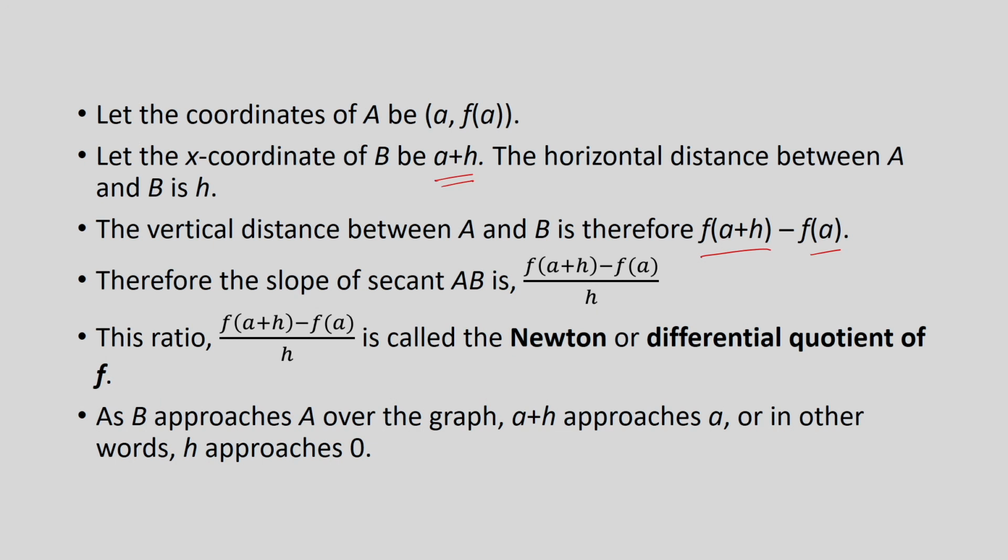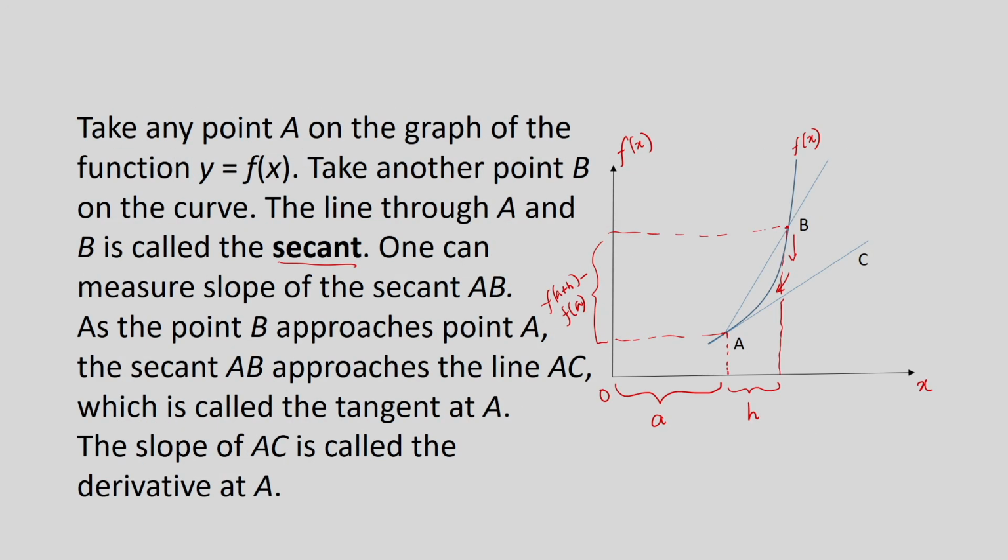Therefore, the slope of the secant AB is the familiar expression for slope, which is y 1 minus y 2 divided by x 1 minus x 2, or perpendicular by base. So, here the perpendicular is f(a plus h) minus f(a), okay, and the base is h.